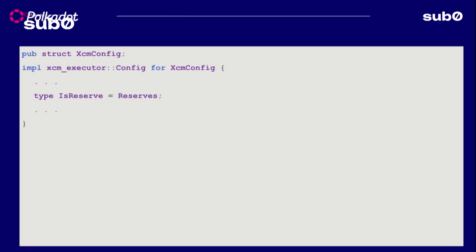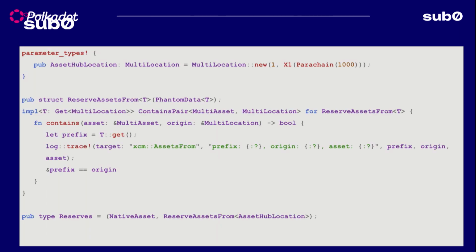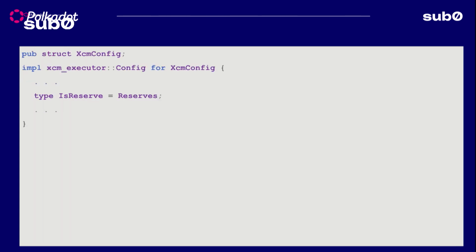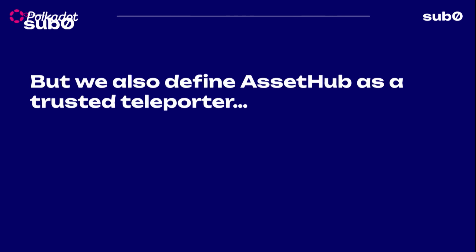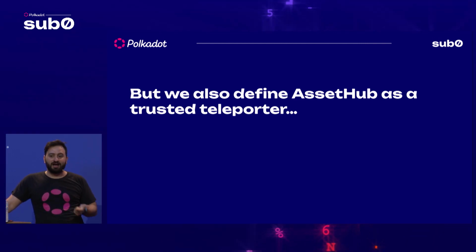For example, you see here we have the reserves and we have the native asset that comes from the template, and the reserve assets. Then you define your IsReserve type on the XCM executor, and ready. But also, we are using the asset hub as a trusted teleporter. And why is that?